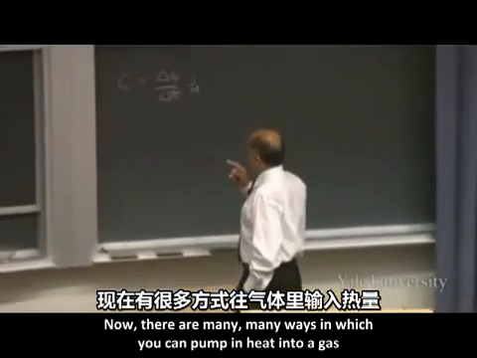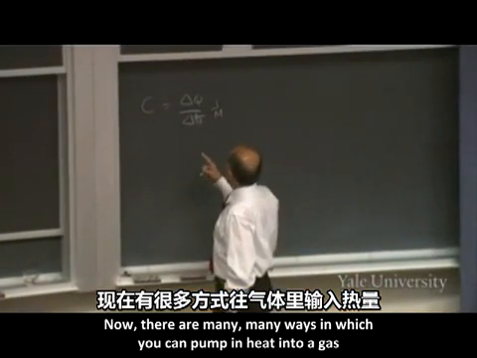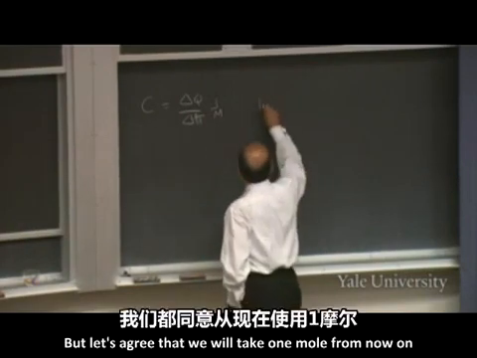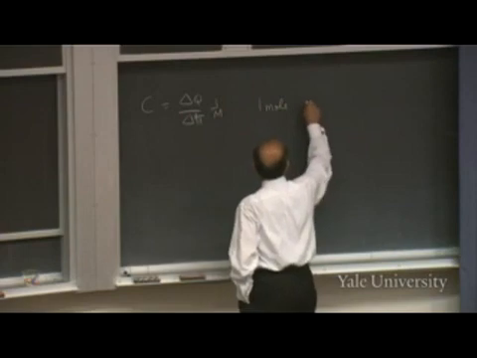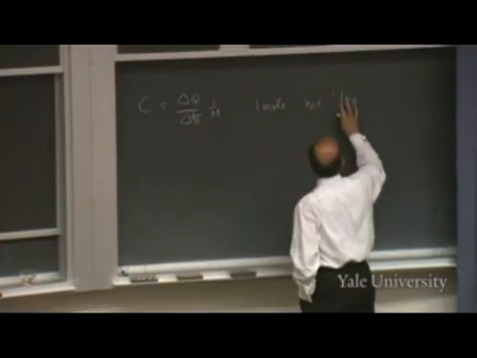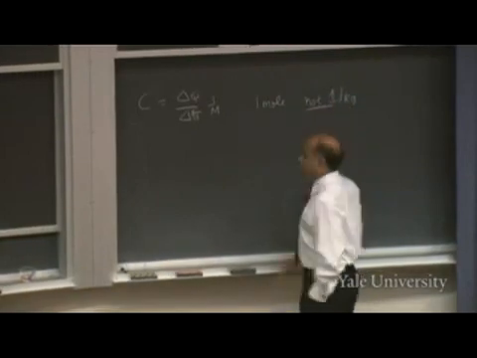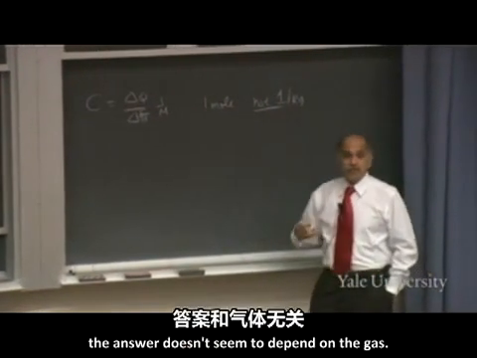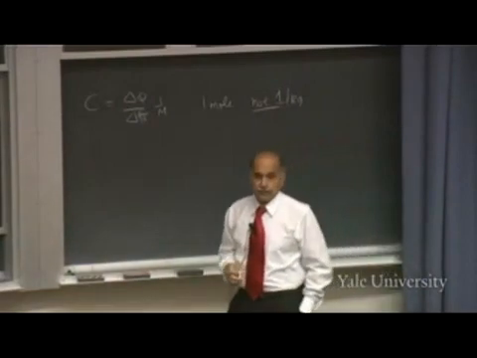Now, there are many, many ways in which you can pump heat into a gas and heat it up and see how much heat it takes. But let's agree that we will take 1 mole from now on and not 1 kilogram. We'll find out if you do it that way, the answer doesn't seem to depend on the gas. That's the first thing.